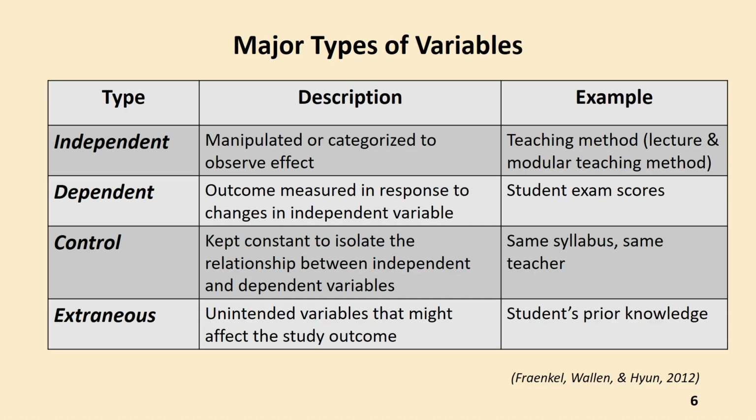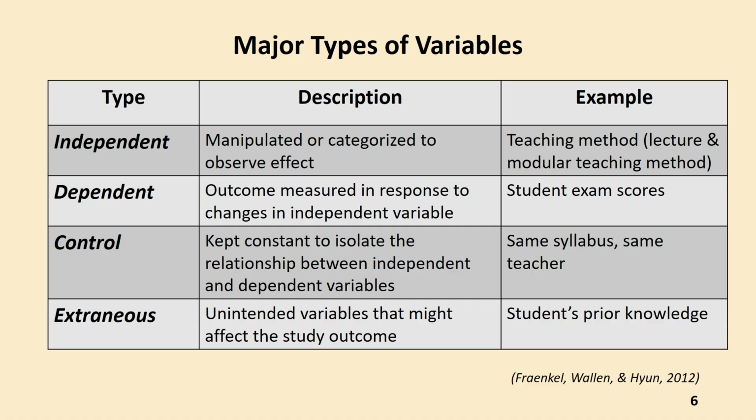The moment you start doing any research, especially when you are identifying your variables, these four variables come up first: what is independent variable, what is dependent variable, what is control variable, and what is extraneous variable.